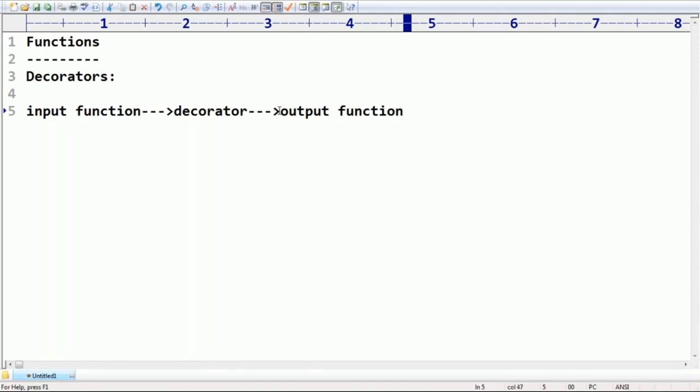The biggest advantage is that an existing function we can extend its behavior without modifying that function. The original function stays as it is, and with extended functionality I can develop another function. Such a thing is nothing but the decorator concept. I hope everyone can understand.